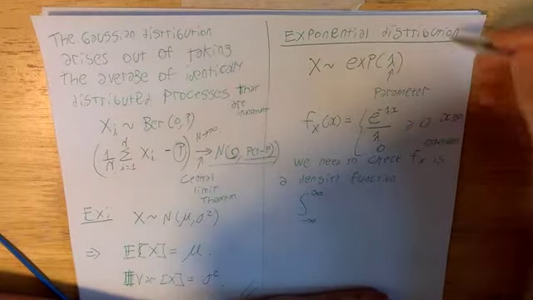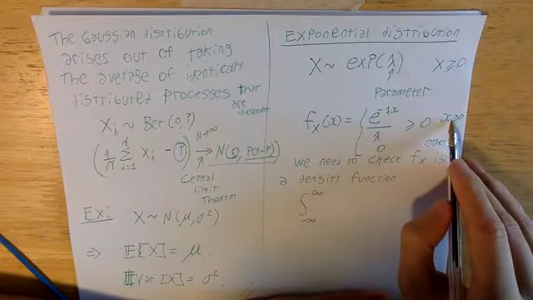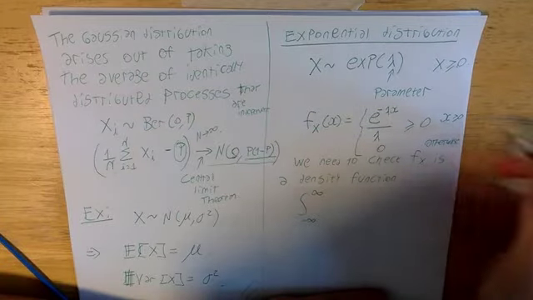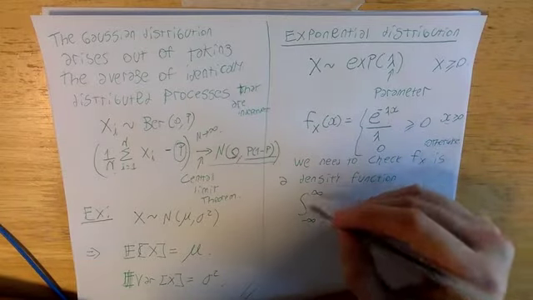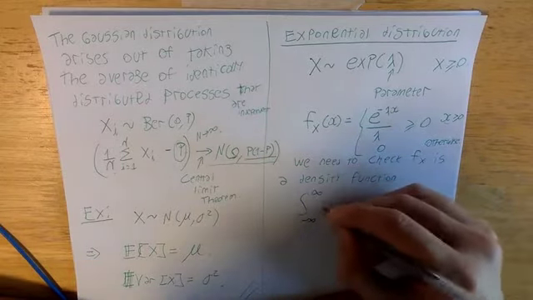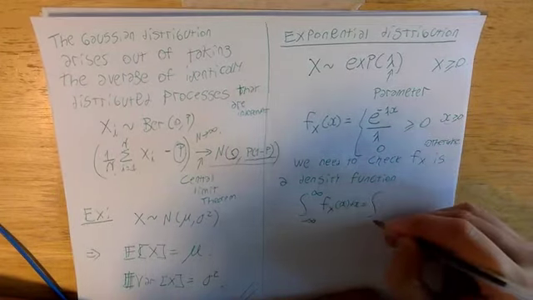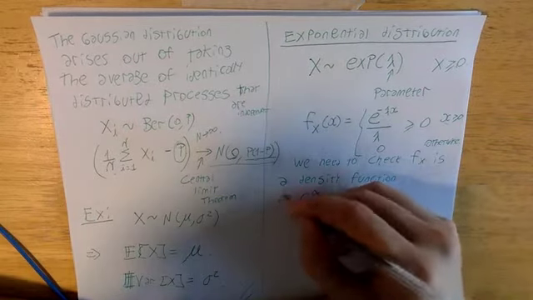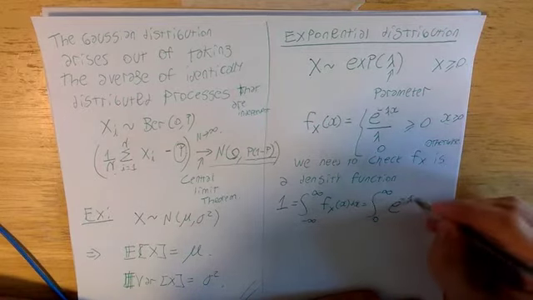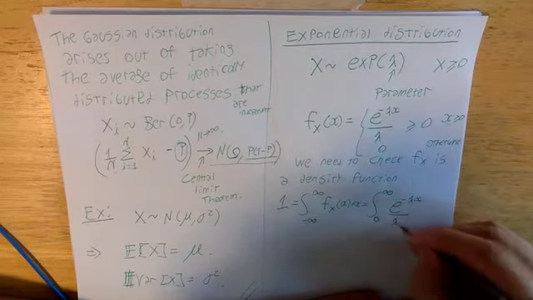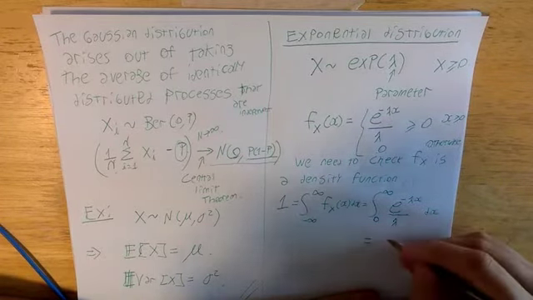The capital X only takes values of little x positive; it doesn't take negative values. So the integral from minus infinity to infinity of f of x dx is actually equal to the integral from 0 to infinity of e to the minus lambda x over lambda dx, which has to be equal to 1.